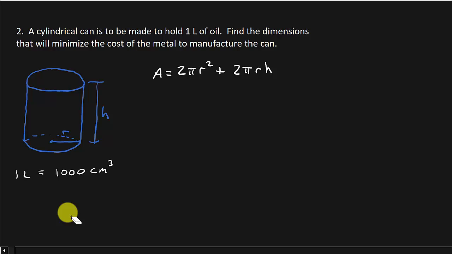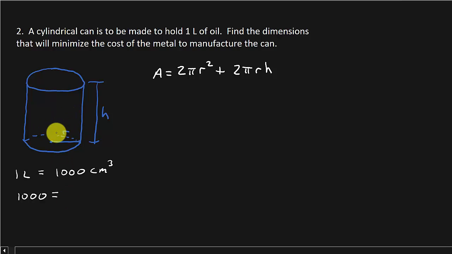Now, it does tell us that the volume is 1 liter or 1,000 cubic centimeters. Well, what's the volume of a cylindrical can? Well, the 1,000 is going to equal, well, what's the volume of this thing?